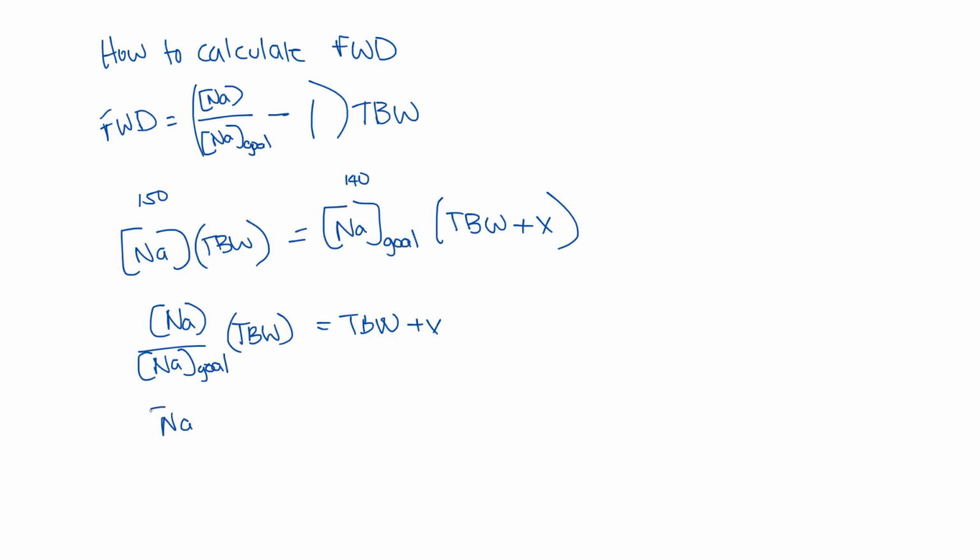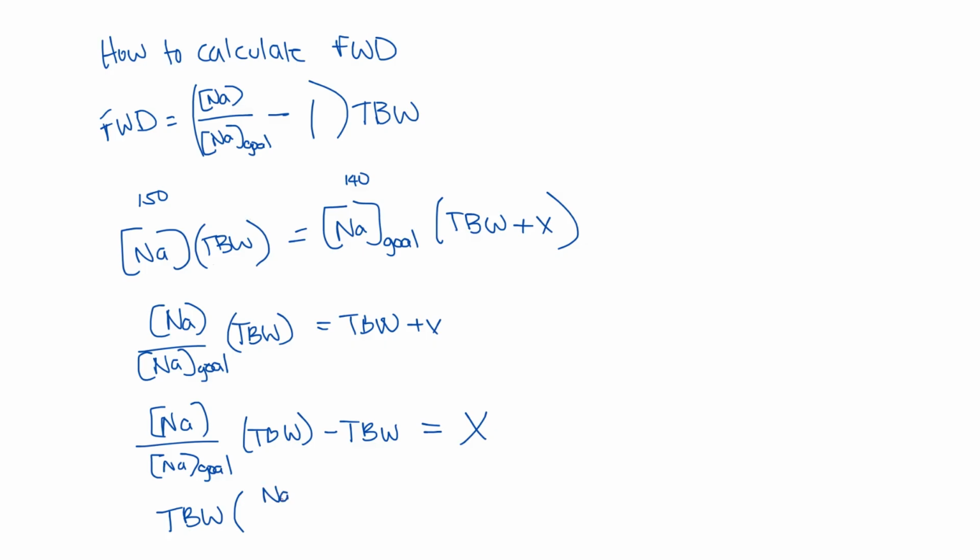I get sodium concentration over sodium concentration goal times total body water minus total body water equals X. And now I'm just going to factor out the total body water. So total body water times my sodium concentration over my goal minus 1 equals X, and that's the equation above. Okay, and this is how we derive that equation.